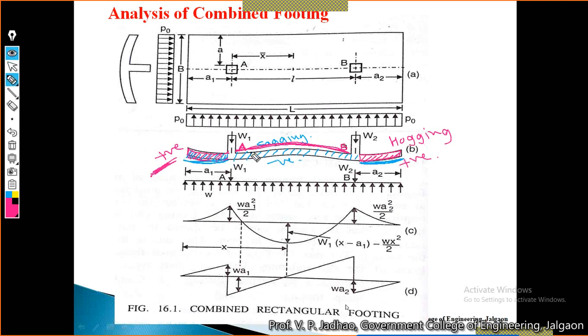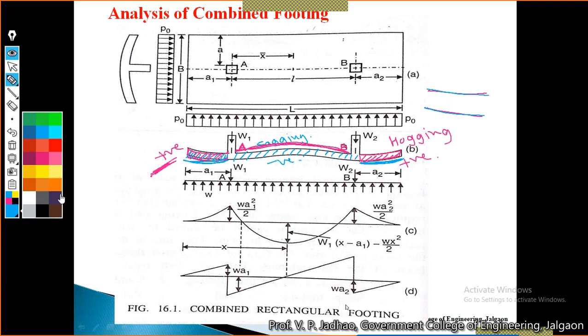So we will be having two reinforcements: some reinforcement at the top face, some at the bottom face. Again, this will be for the longitudinal direction.